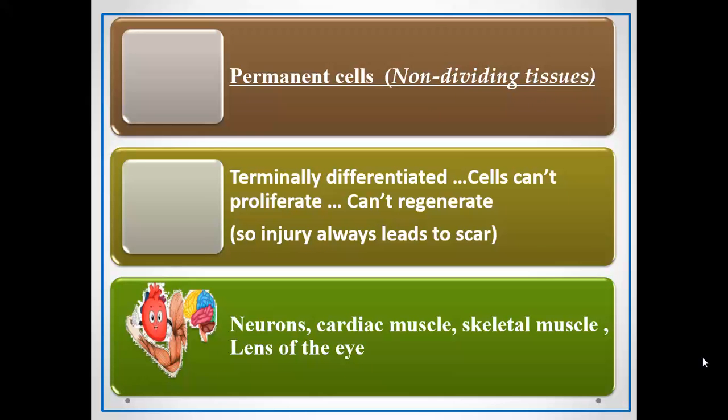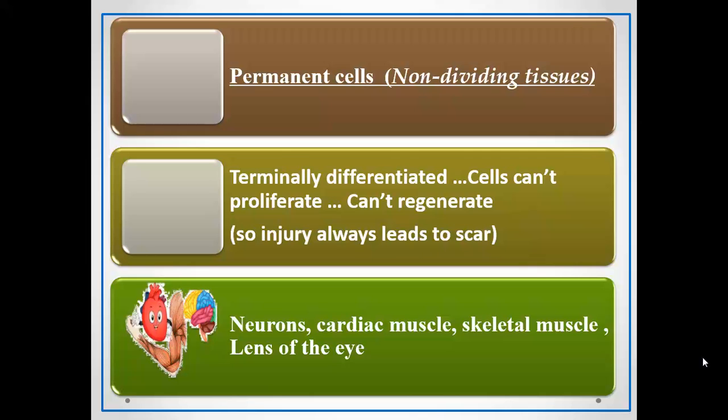Non-dividing tissue: from the beginning, the cell cannot replicate. So minor or great injury, with or without affection of extracellular matrix, these cells cannot replicate and eventually call for fibrous tissue formation, connective tissue laying down, fibroblast proliferation.